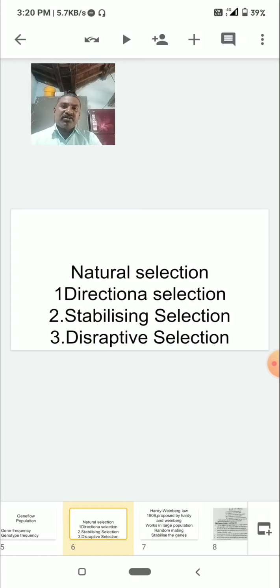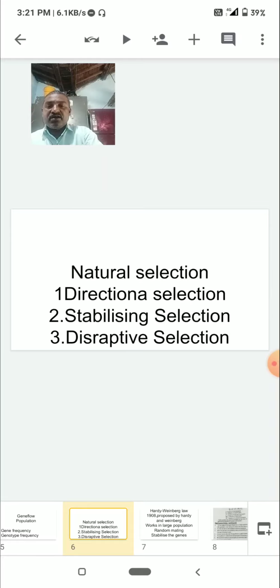The R selection population is large in favorable conditions and small in unfavorable conditions. Especially, R selection species are insects, and K selection species are vertebrates, birds and higher chordates. So, this is about disruptive selection, and this is about natural selection.